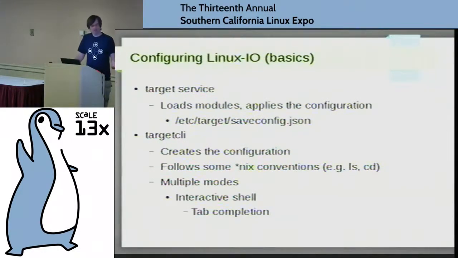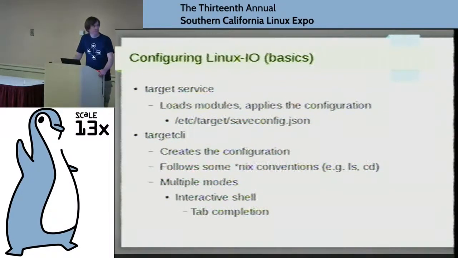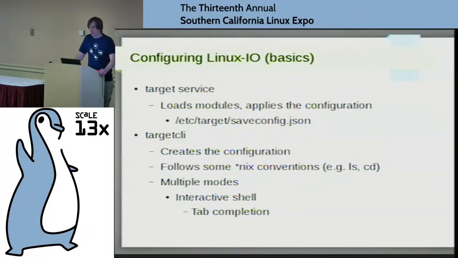That's what it's called in Fedora. I don't know about Ubuntu, but it's probably called target in Ubuntu. And it's not actually a daemon or anything. I think it's just a script that runs at boot time and applies the configuration and then exits. It's not something that's going to be running at all times. It's just going to run and apply the configuration.